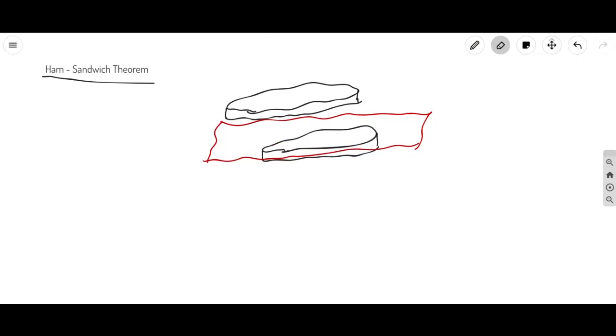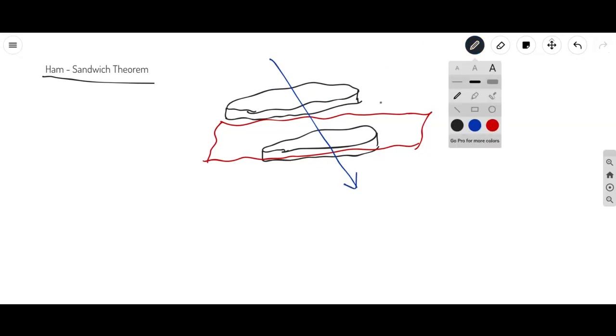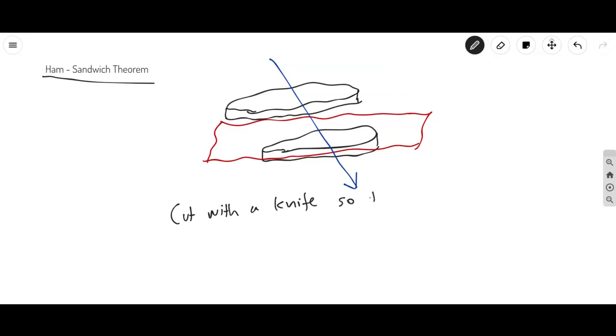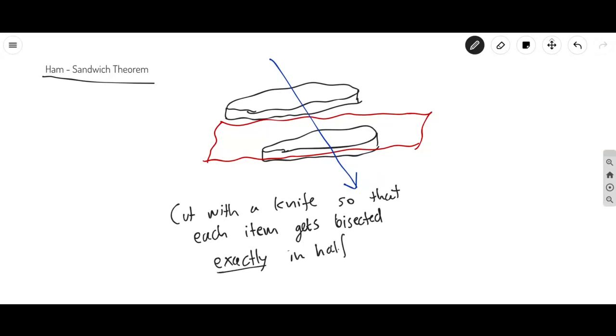And the ham-sandwich theorem says that you can take a knife and you can cut it in half in such a way that each item, so each food item, so this would mean the first piece of bread, the second piece of bread, and then whatever you have in between, gets bisected exactly in half.